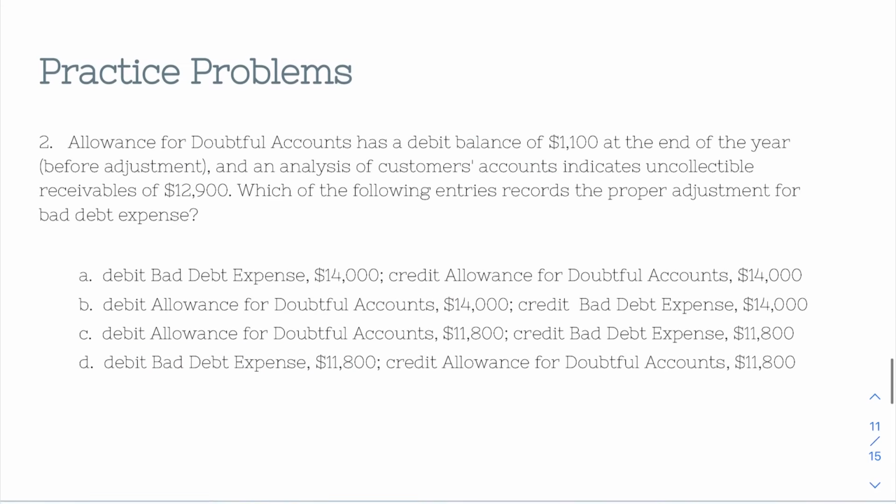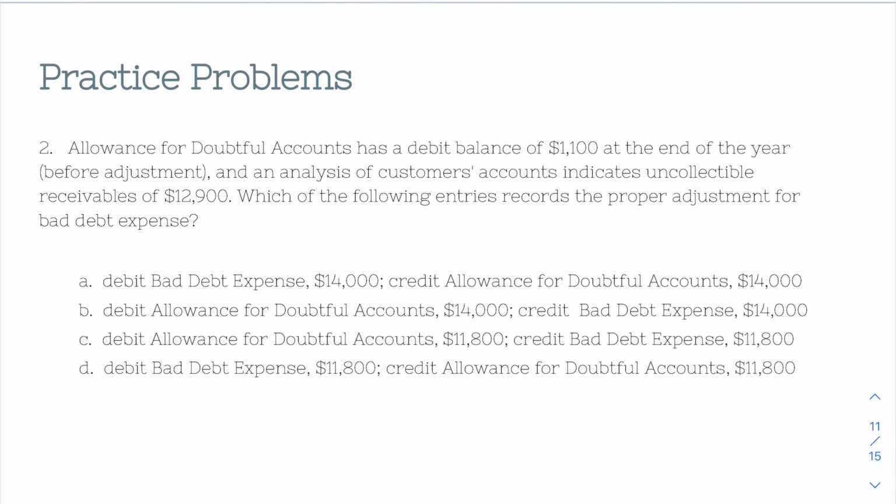Now we have the allowance for doubtful accounts has a debit balance of $1,100 at the end of the year before adjustment, and an analysis of customers' accounts indicates uncollectible receivables of $12,900. Which of the following entries records the proper adjustment for bad debt expense? So there's a few different things going on here that we should take note of. First of all, it tells us the analysis of customer accounts indicates.